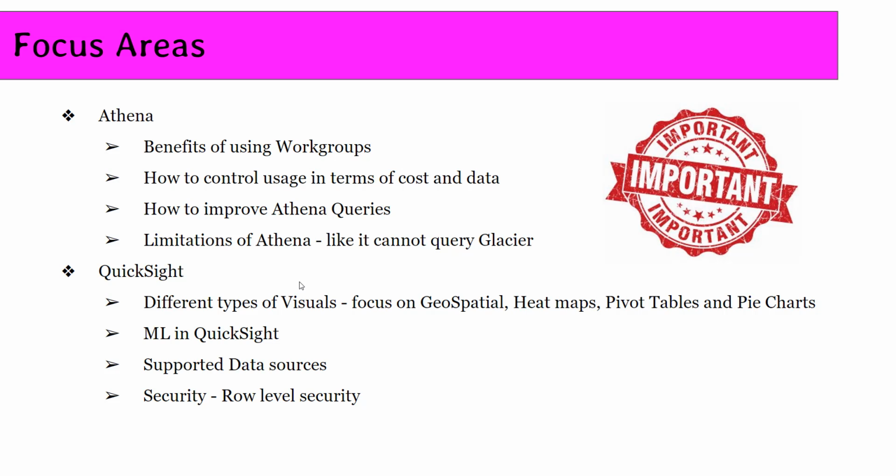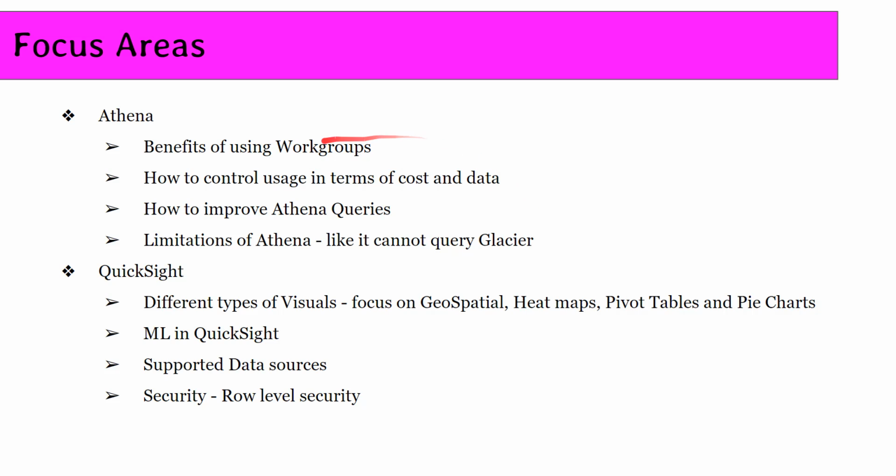Athena is very important. You will get many questions on Athena. In Athena, you should cover the benefits of using workgroups, then how to control usage in terms of cost and data, then how to improve Athena queries. I'll give you one AWS blog link which covers different options that we can configure to improve our queries, which will improve the cost and give faster query results.